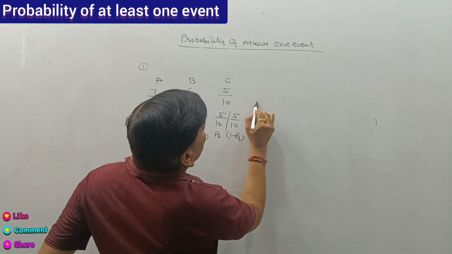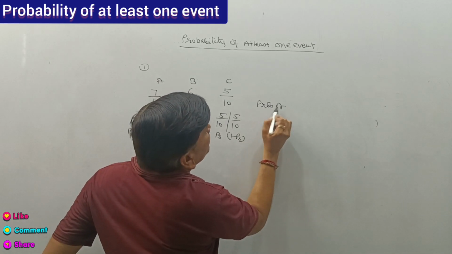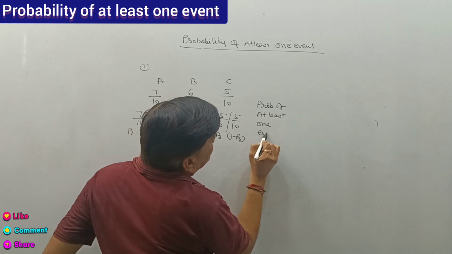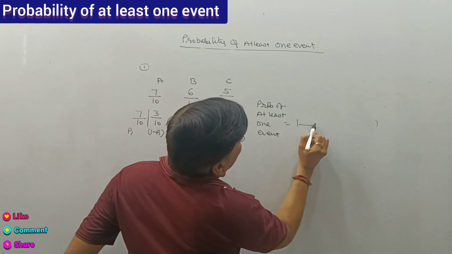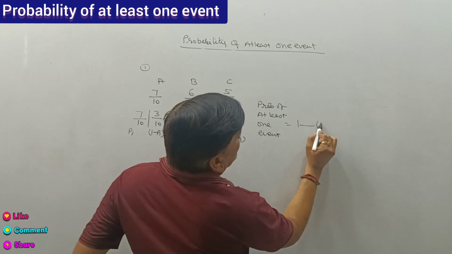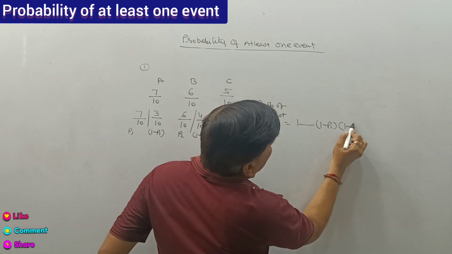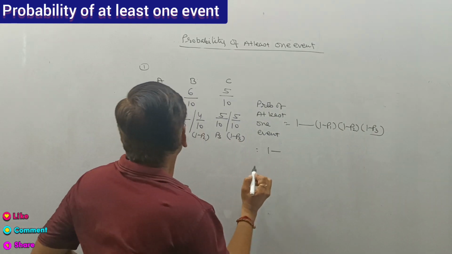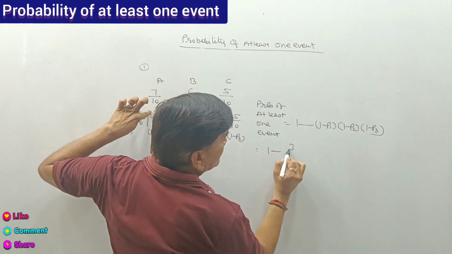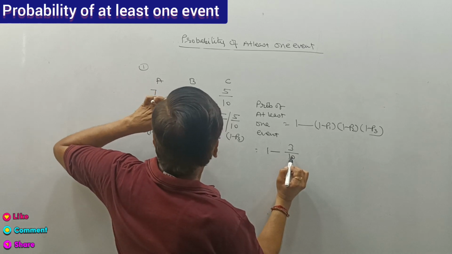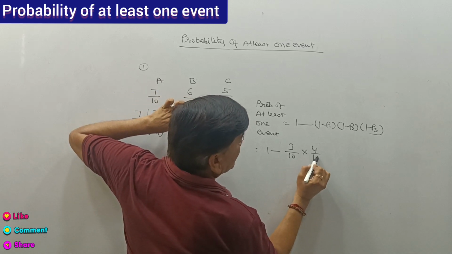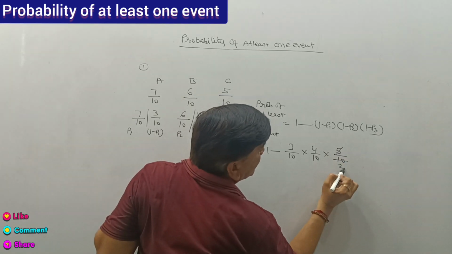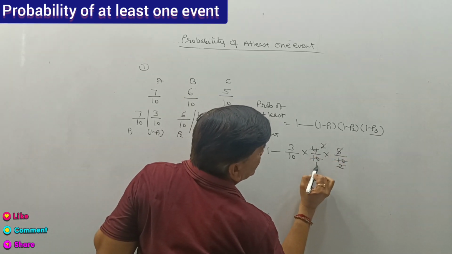So the probability of at least one event is 1 minus (1 minus P1)(1 minus P2)(1 minus P3). So that is 1 minus 3 upon 10 multiplied by 4 upon 10 multiplied by 5 upon 10. Cancelling, 5 twos are 10, 2 twos are 4, 2 fives are 10.